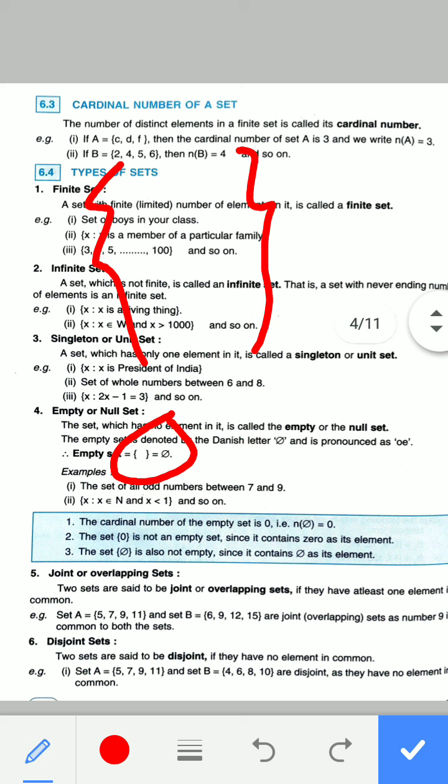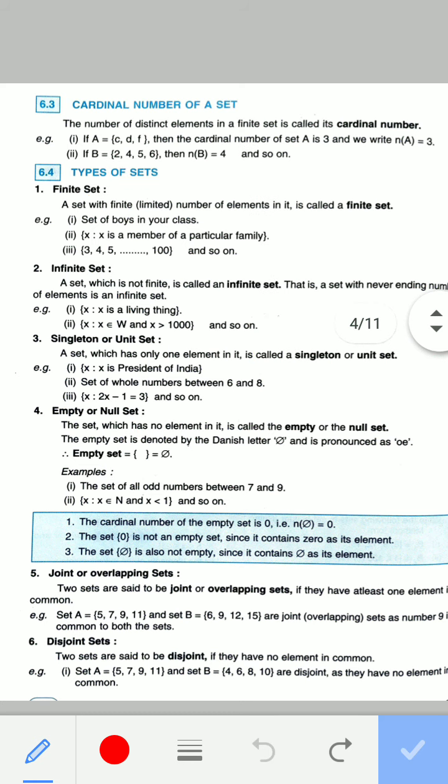Now what do you mean by joint or overlapping sets? Two sets are said to be joint or overlapping if both sets have some common element.